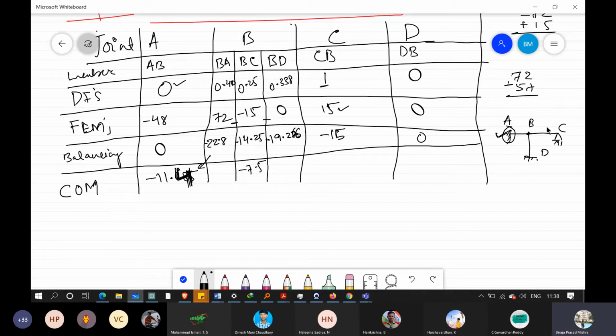So BC will go to CB, but for CB the far end is simply supported, so nothing will come here, right? Let me erase this one, then I will tell you.